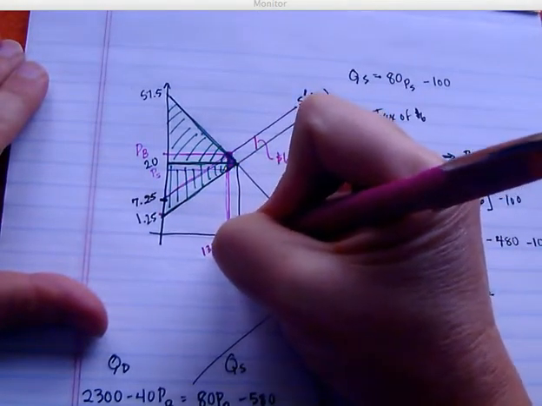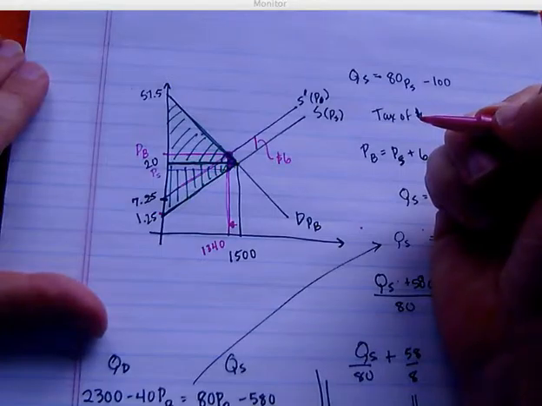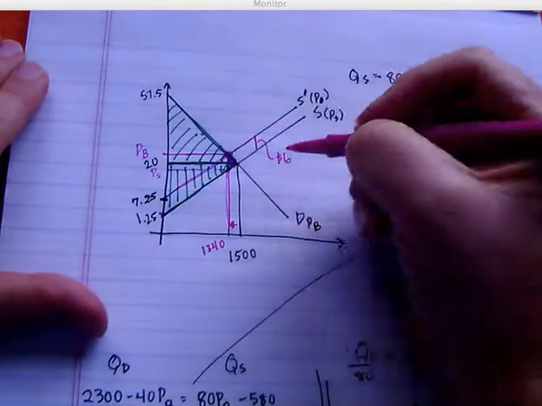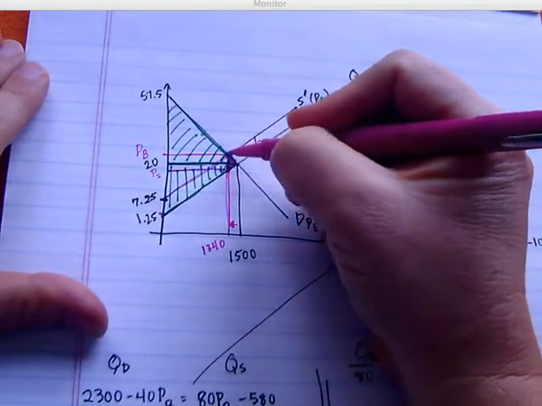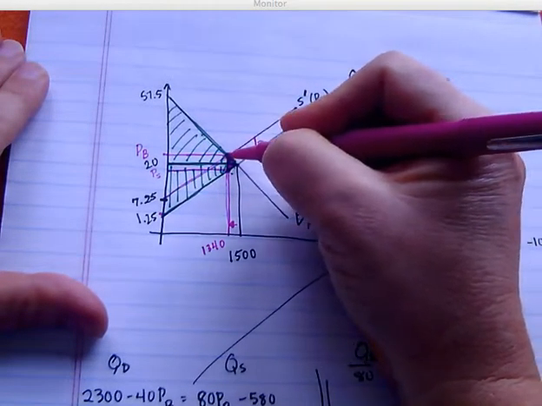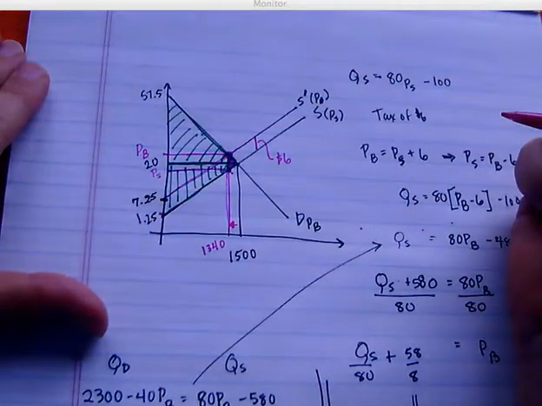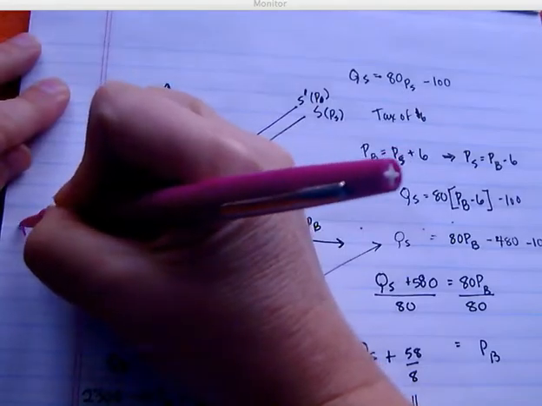So under the tax, we are going to sell 1,340 units. So that's going to be the base of this triangle. And then the height, well, look what that height is. It's just the difference between the price to the buyer and the price to the seller, or it's the amount of the tax. And so we can figure out deadweight loss pretty quickly.